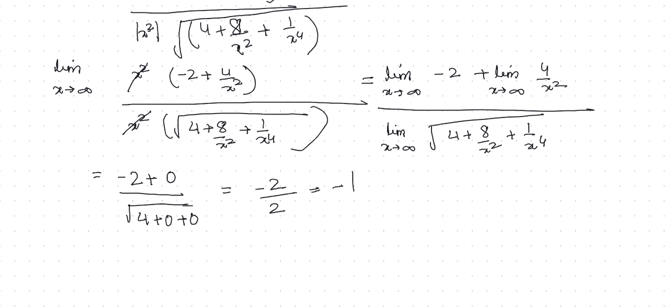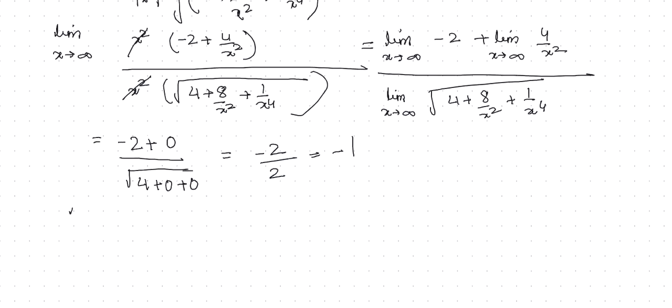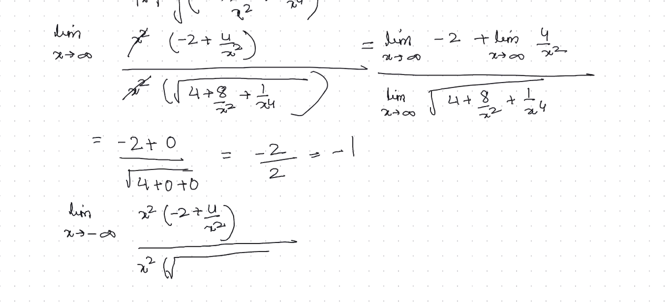In the same way, if we want to find the limit as x tends to negative infinity, it will be x square times minus 2 plus 4 by x square. So even if x is negative infinity, these are all even powers, so this would be positive.